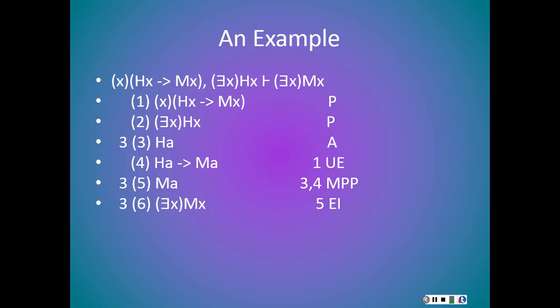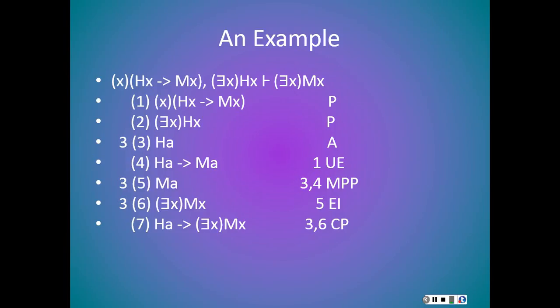Now that is the conclusion that I want, but unfortunately I'm not done, because you can see that I'm still dependent on line 6 on an assumption. I'm dependent on the assumption made on line 3. So what I need to do is discharge that assumption. So I'll do that by applying conditional proof to lines 3 and 6.